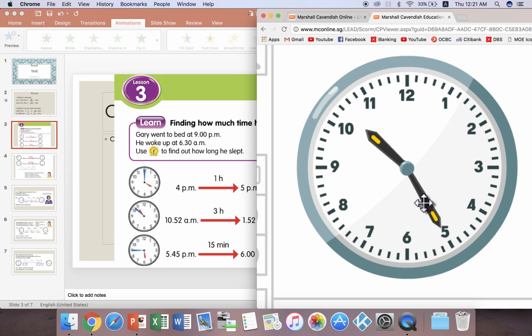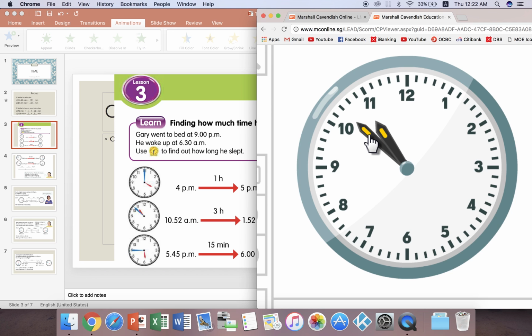If we were to start at 10:52, the hour hand will be slightly pointing closer towards 11 o'clock, and this is 52 minutes. If you remember, 5 minutes, 10, 15, 20, 25, 30, 35, 40, 45, 50 minutes, 51, 52 minutes. So this is 10:52 a.m.